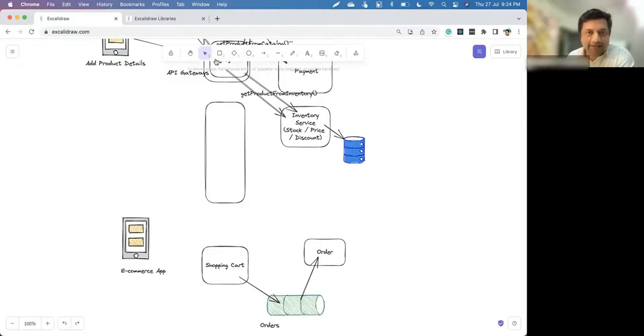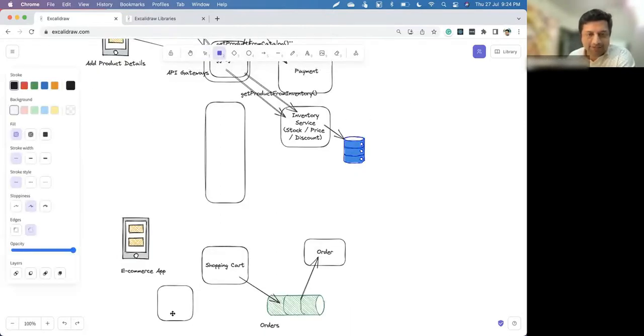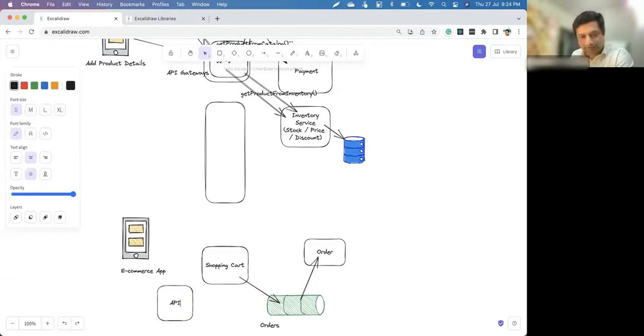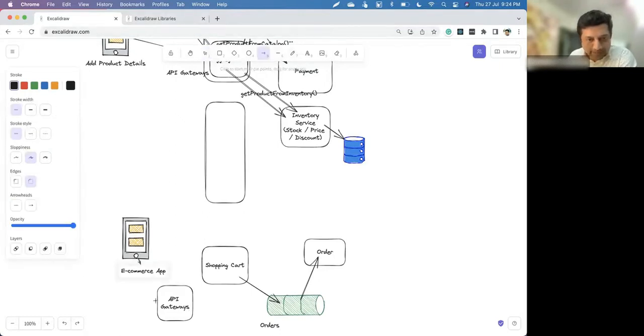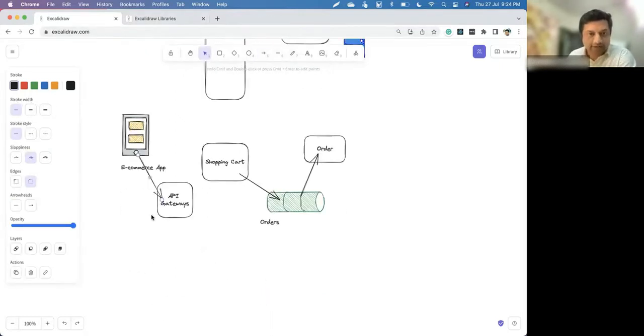So basically, yeah, you have an API gateway with a lot of features. I will not draw again all these features, but yes, you now understand well what API gateway provides. Now from API gateway, service discovery happens, and then this call will get routed to shopping cart.